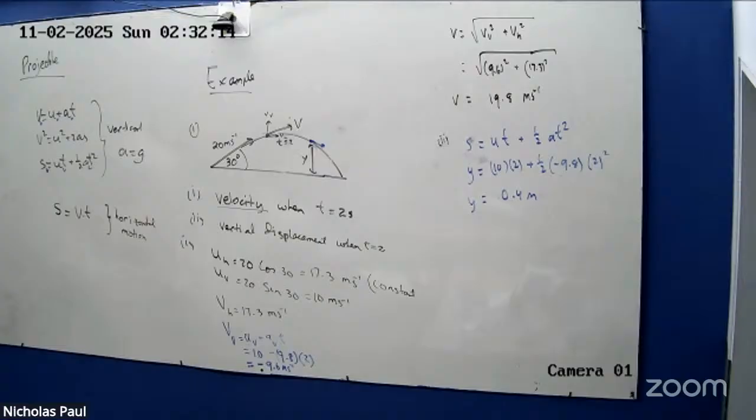A particle is projected horizontally from the top of a building, 80 meters above ground level, with a velocity of 30 meters per second.